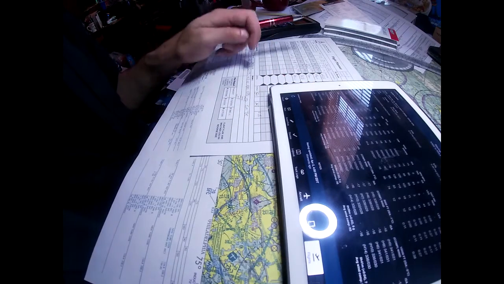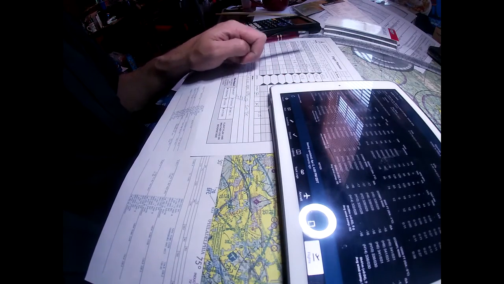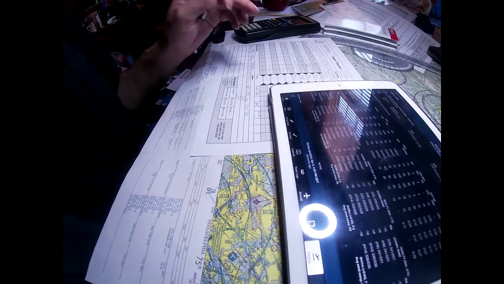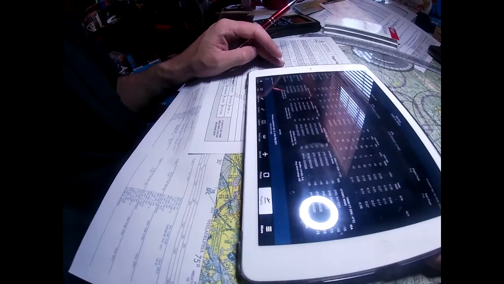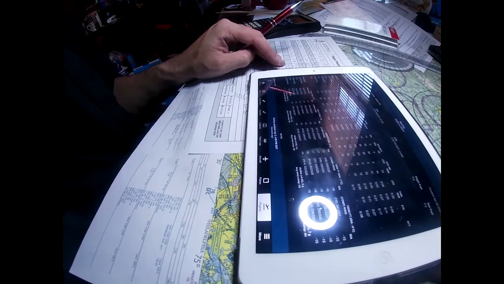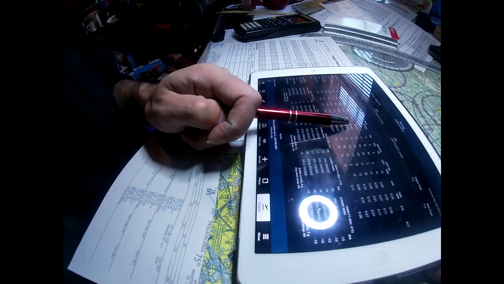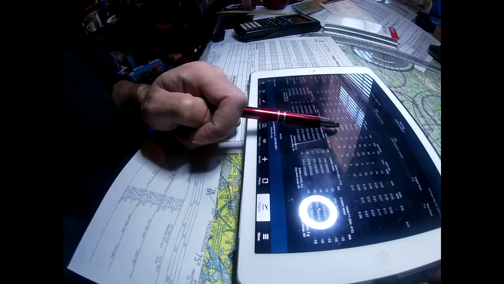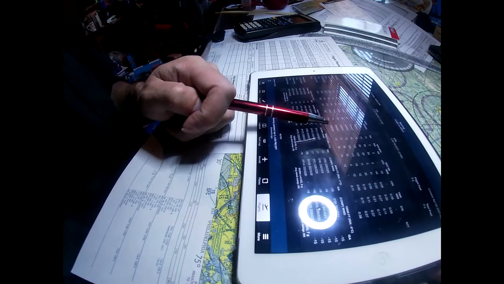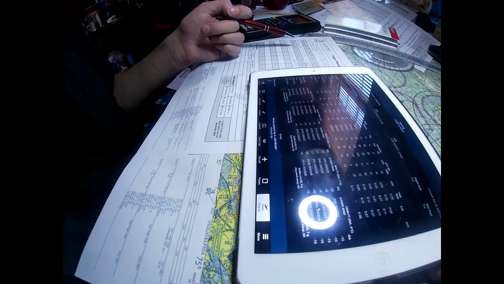Again, we didn't factor in the fact that it's gusting. And the winds apparently have changed a little bit, 336, 334, 334, 334, and then 330 at the airport.